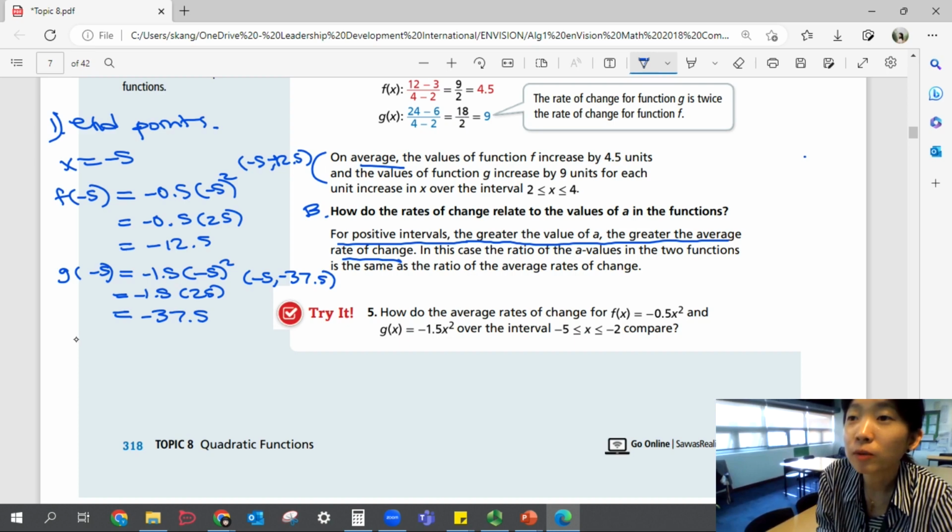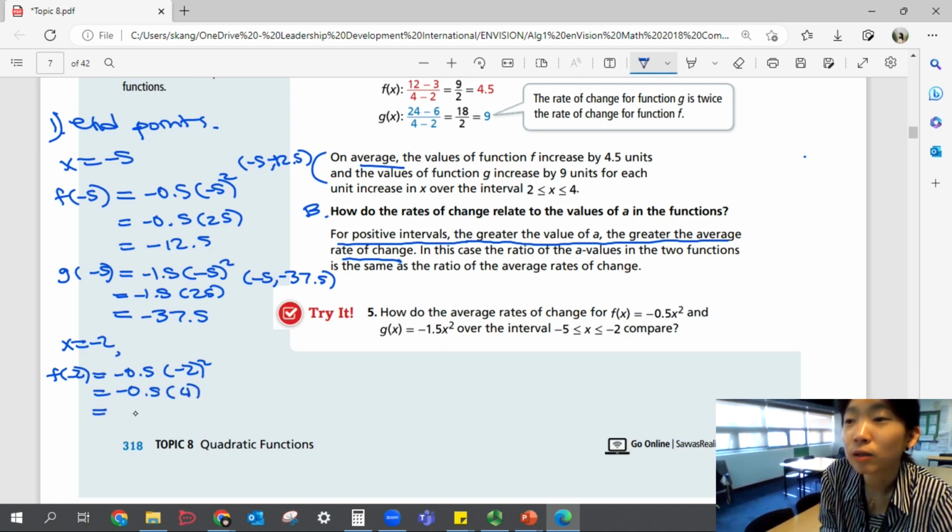Okay, do the same for x equal to negative 2, because we just found the endpoints for negative 5. Now we just need the endpoints for negative 2, the maximum points, or the minimum points. So when x is equal to negative 2, f of negative 2 would be negative 0.5 times negative 2 squared, negative 0.5 times 4.